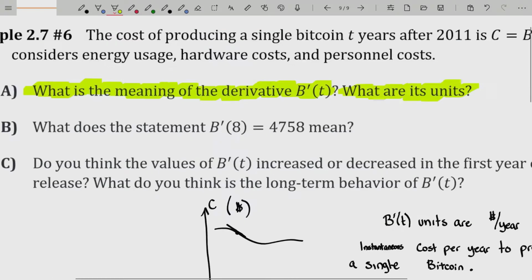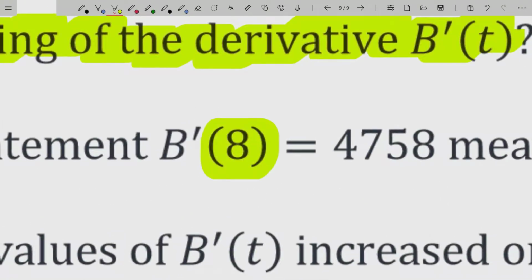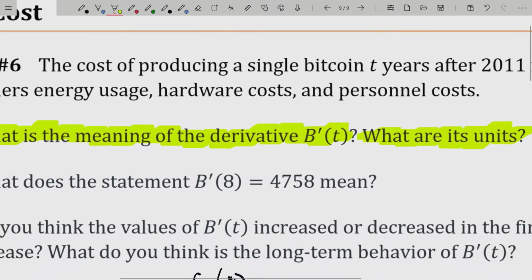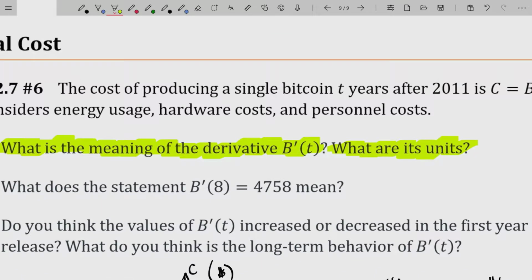It's literally at time 8. This is what's weird about derivatives, because you're at a moment in time, instantaneously at time 8, that derivative is 4,758. So I'm just going to say it means on 1/1/2019. I'll just simplify it and say that.